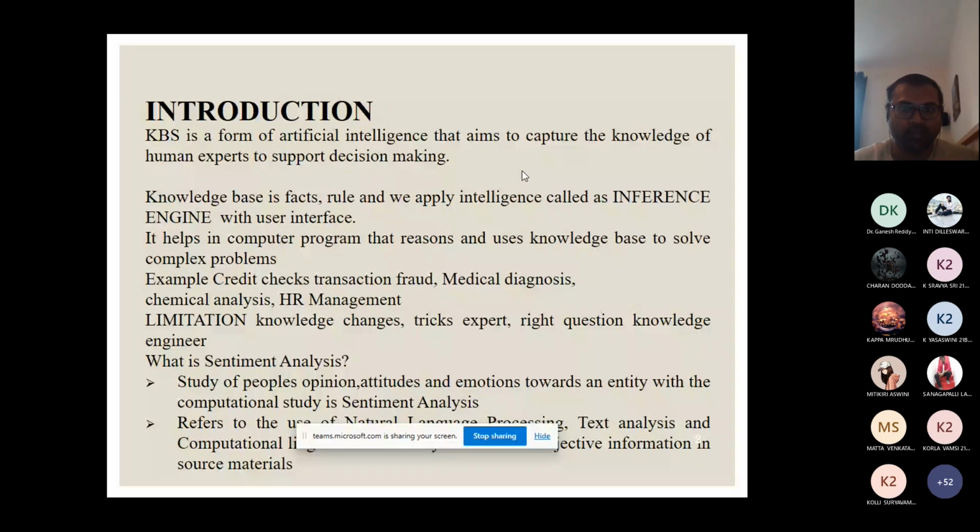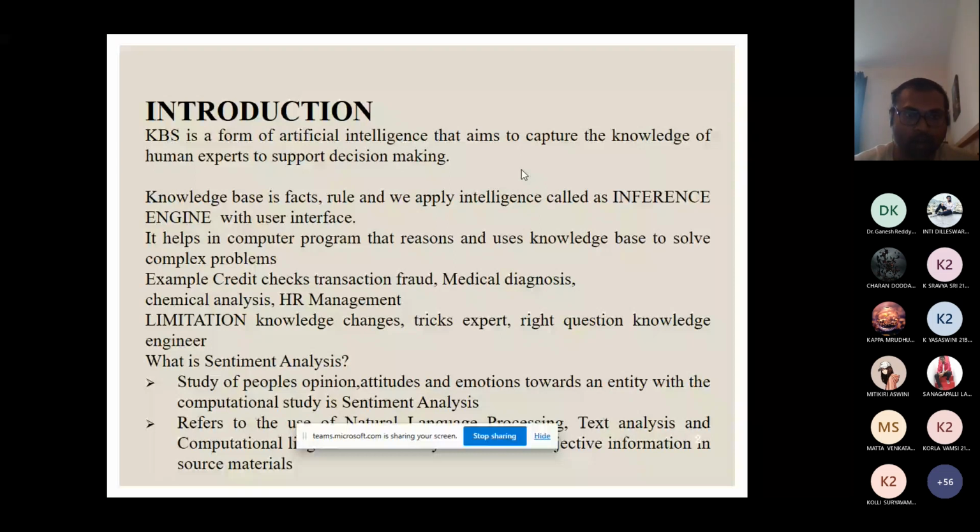So what is the architecture, and what are the components of knowledge-based systems? First one is the knowledge base, containing the facts and rules, and we need to apply the inference engine. The inference engine is nothing but inference rules.